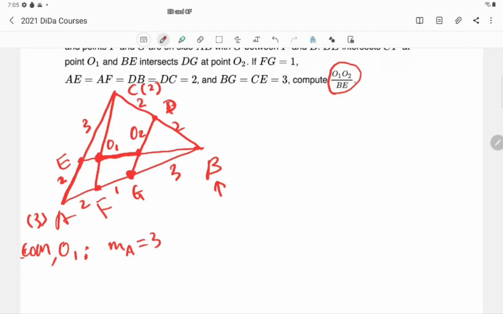BE and CF. Let me highlight them so you can see. Only these two pass through O1, which means if you want to make O1 the center of mass, you can only balance around which points?